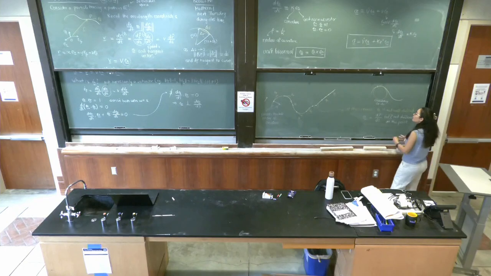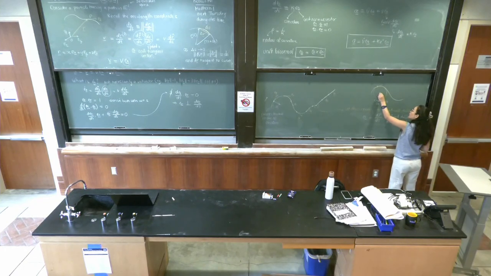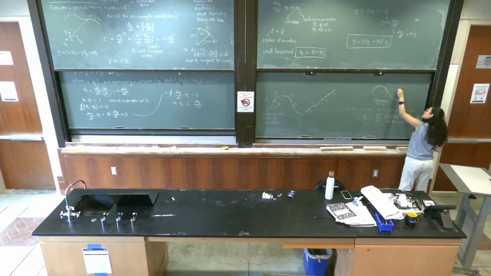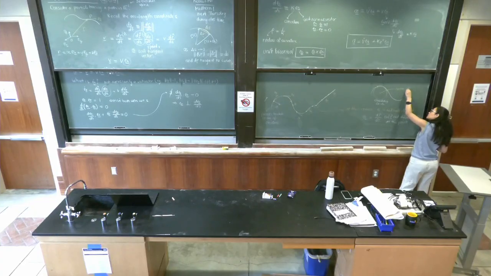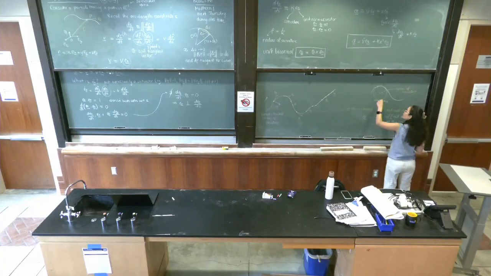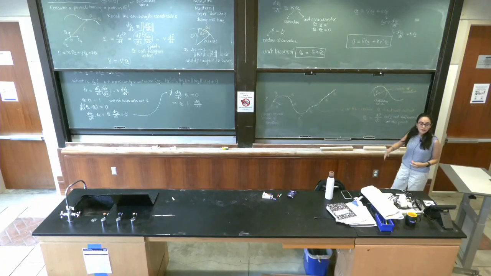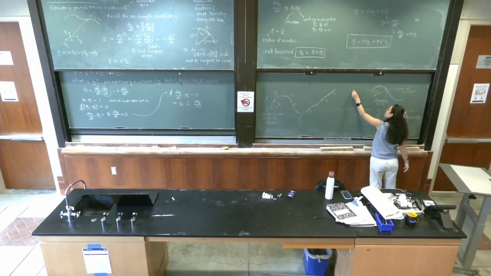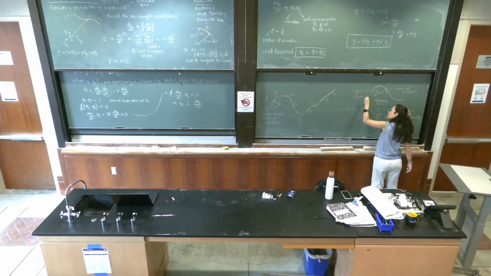The center of the circle is called the center of curvature, and the radius of this circle is called the radius of curvature. Remember where rho is 1 over kappa.